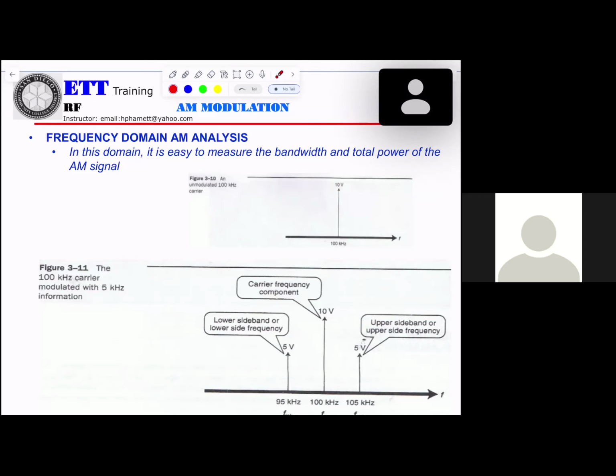And now this will be a 100K carrier modulated with 5K information. Your voice right here, 5K, and the carrier 100K. So they're telling you on the lower side you get 95K, on the higher side 105K.